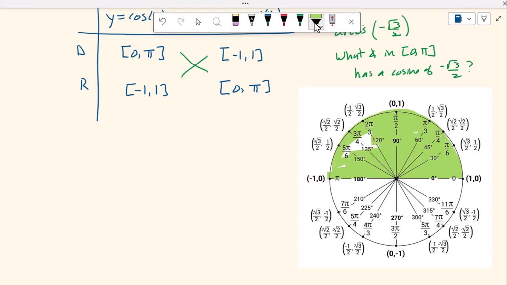Cosine is negative in quadrant 2, and I'm looking for cosine of -square root of 3 over 2. Cosine is my first value, because all the values here are listed as cosine, sine, so cosine comes first, sine comes second as my ordered pair, and this refers back to 5 pi over 6. I have not left this green region, so I'm fine to leave it as 5 pi over 6, and that's my answer.